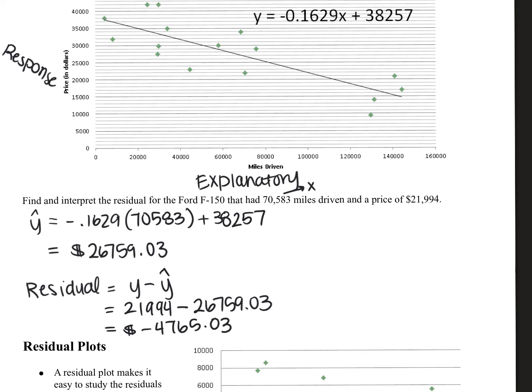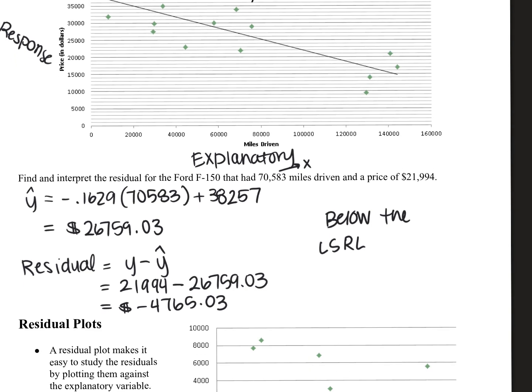So our residual would be below the least squares regression line because it is a negative value. So our equation tells us that the car should be worth more money than it actually is.